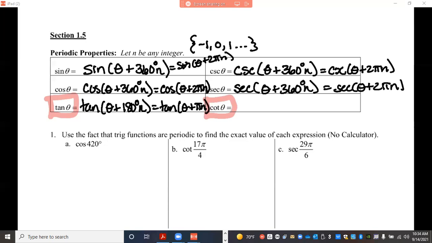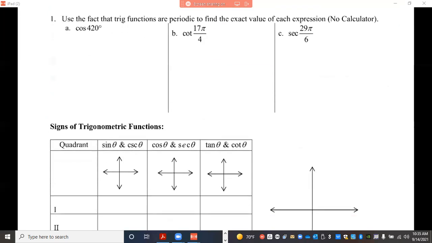And same with its reciprocal cotangent: the cotangent of theta plus 180 degrees times n, or in radians, the cotangent of theta plus pi n. And we'll look at example number 1 together after the quiz.